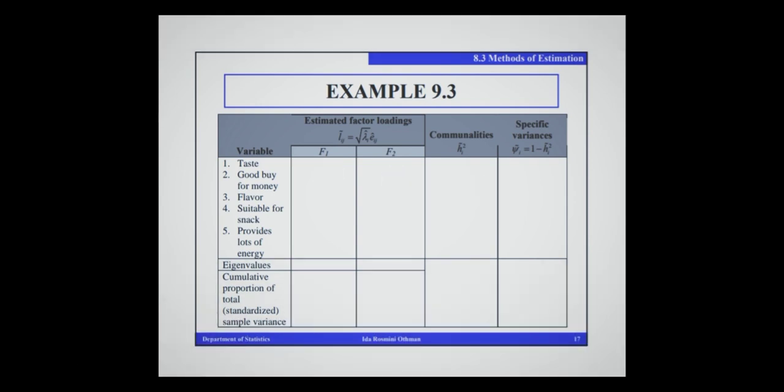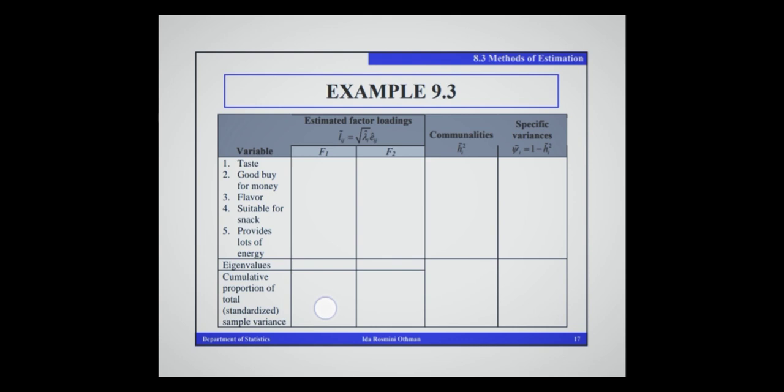Nak cari specific variance, it is 1 minus h squared. Kenapa 1 kat sini? Sebab dia punya diagonal matrix adalah 1, kalau untuk R. Kalau S, dia akan jadi sigma ii. Okay. Di sini adalah eigenvalue. Macam dapat eigenvalue ni, you boleh add all the squares of factor loading. Betul tak?